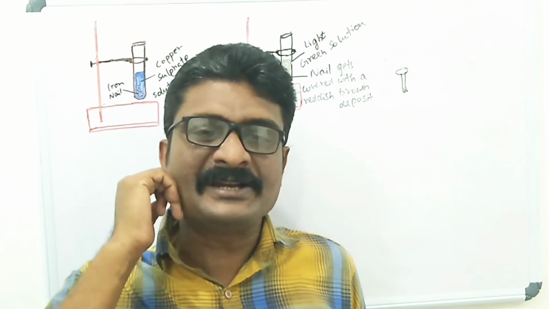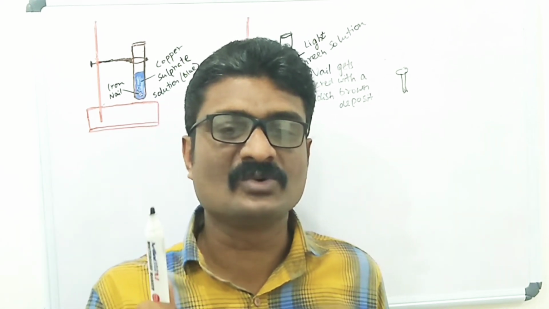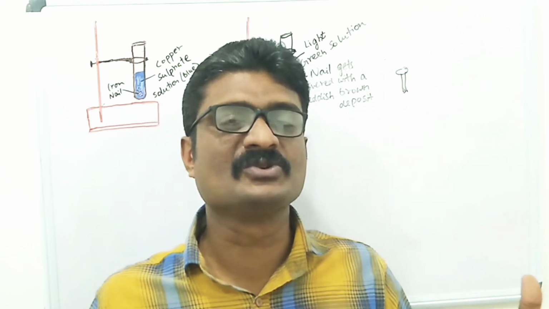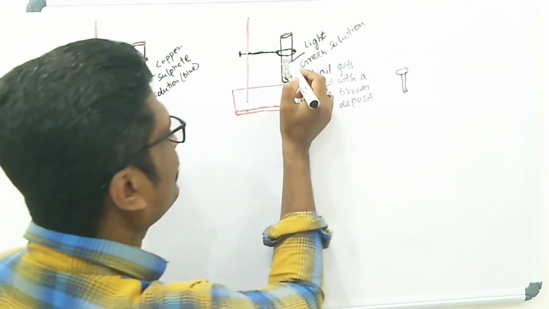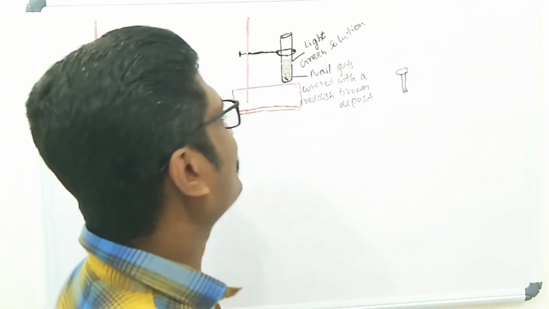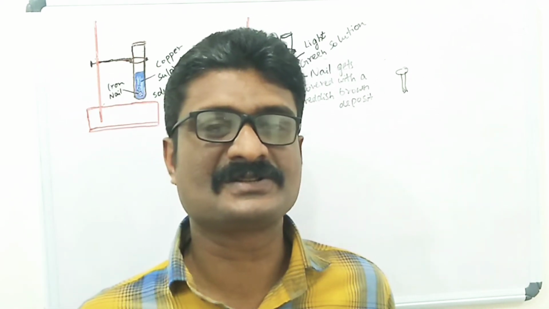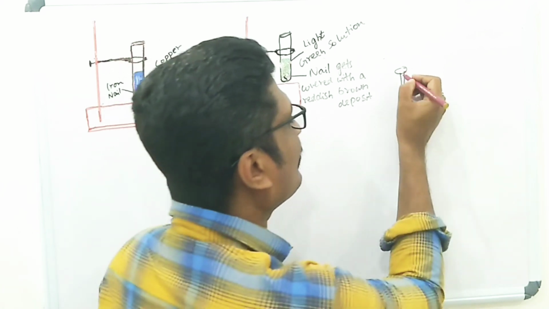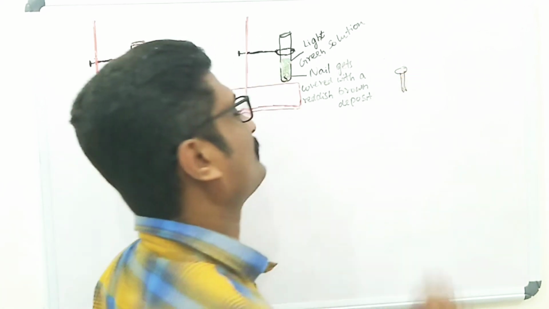Observation number 1: the blue color of the solution is changed to light green, and this nail has reddish brown deposits on it.